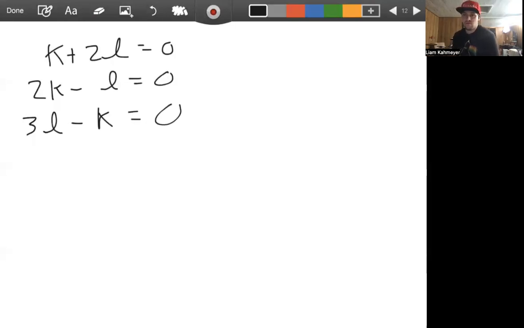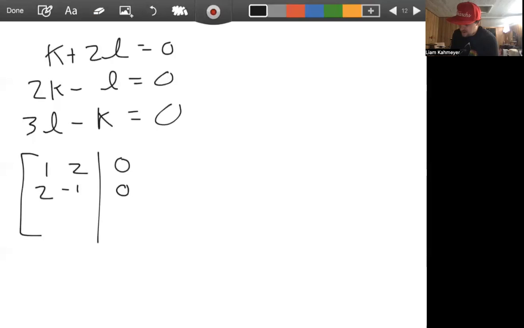What we're tasked with doing is solving this system of equations and showing that the only possible solution is 0, 0. So we have 1, 2, 0 for the first row, then 2, -1, 0, and then -1, 3, 0. The third row there, I swapped K and L. Maybe it was more convenient to write it the other way.